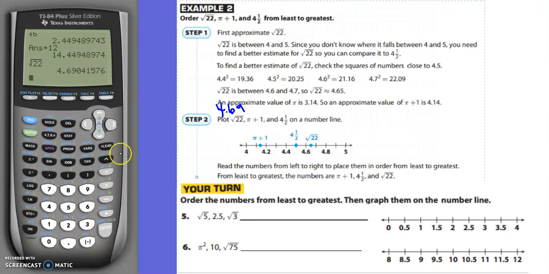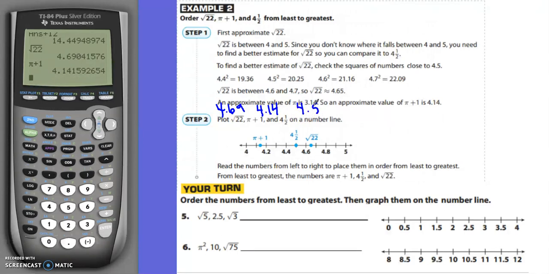Pi plus 1, so if I type in pi plus 1, I get about 4 and 14 hundredths. And 4.5 would be about 4.5.